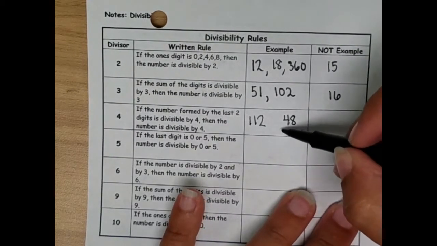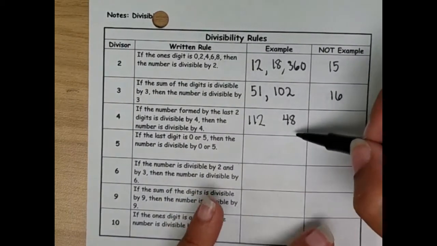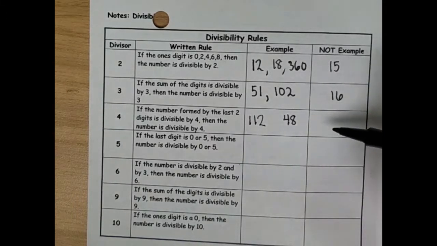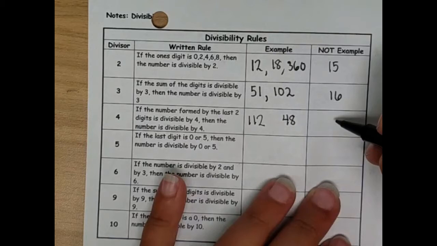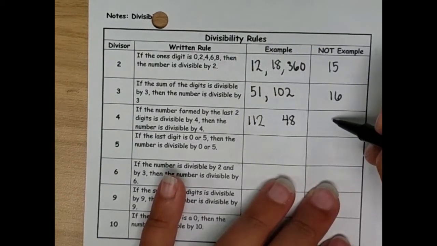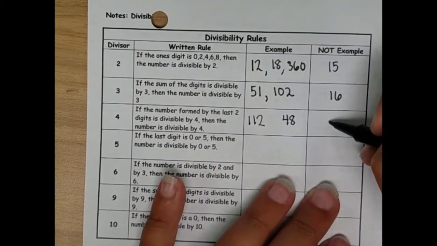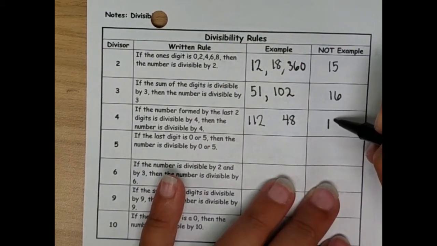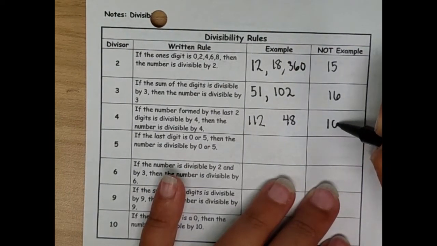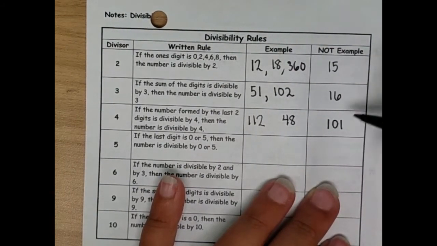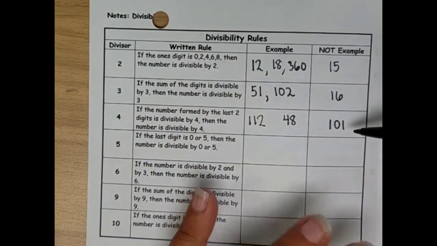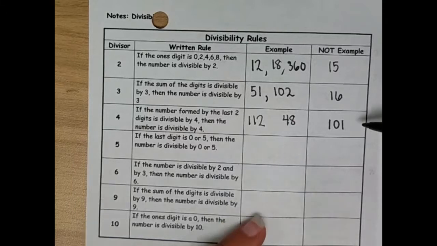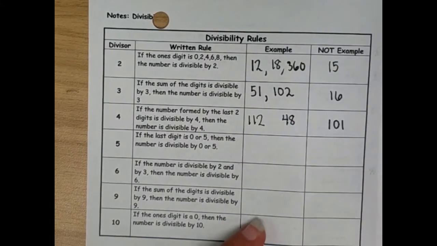The last 2 digits, 4 and 8, that's divisible by 4, so that can be divided by 4. A non-example would be such as, let's do 101. Well, 01 can't be divided by 4 evenly, so this is a non-example.